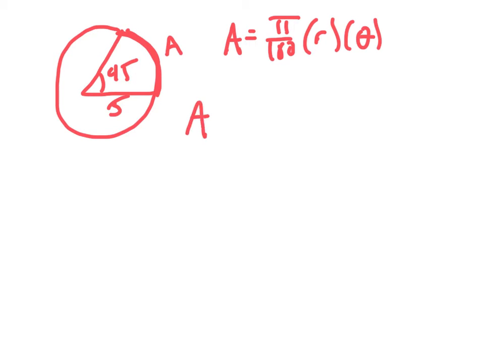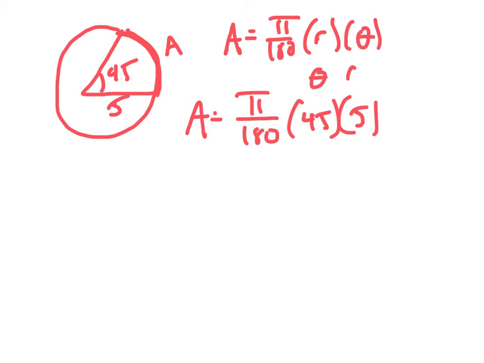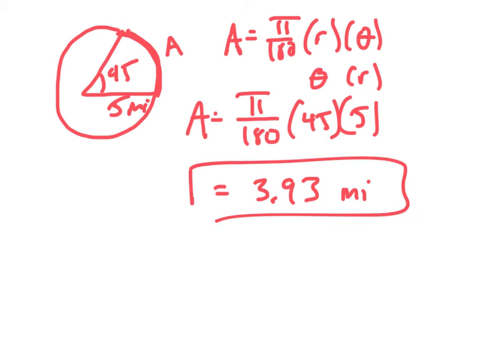So it'll be arc length equals pi over 180 times 45 times 5, because this is my theta and that is my r. Then when I enter that in the calculator, I get 3.92 or 3.93, because I should actually round that to be 6, and since in the problem this 5 was in miles, it would be 3.93 miles.